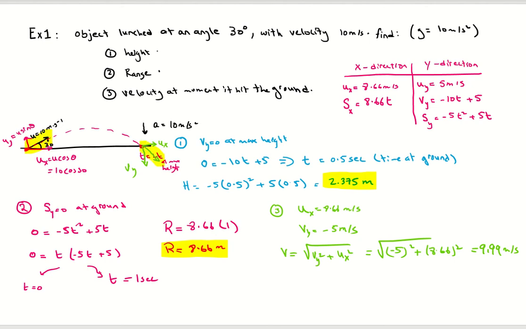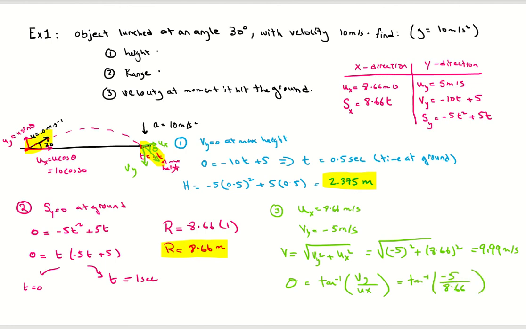Now to find the angle with the horizontal, I'm finding this angle here. So the angle is going to be equal to tan inverse of the y component over the x component, because it's the opposite over the adjacent. So it's equal to tan inverse of minus 5 over 8.66.